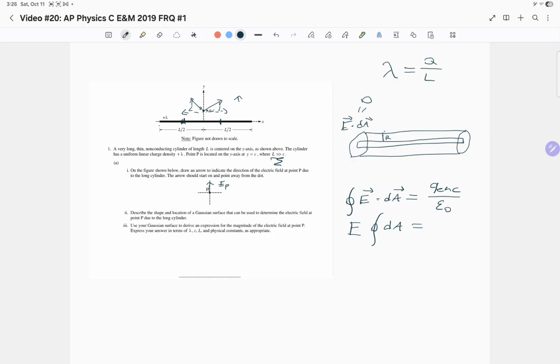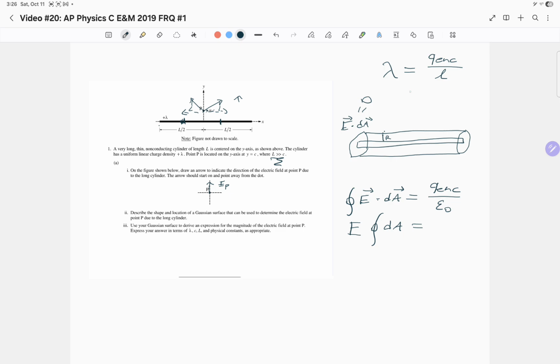So instead, we're going to have our answer in terms of lambda, which they want us to do. Because lambda is a constant, by the definition of lambda, it should equal Q enclosed over some smaller length L that we're going to be looking at here.